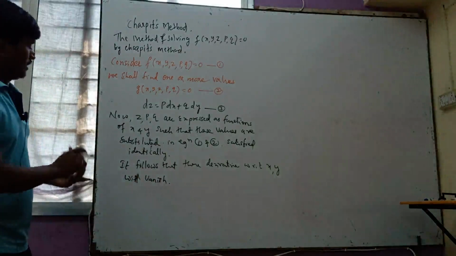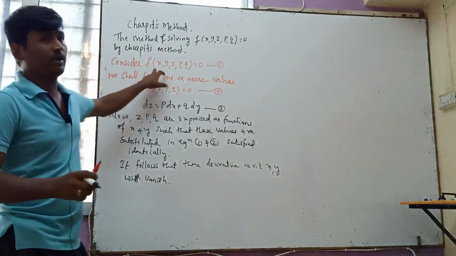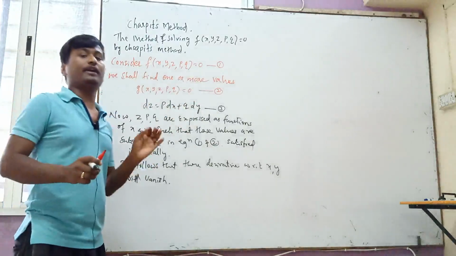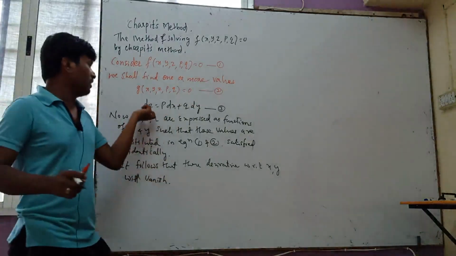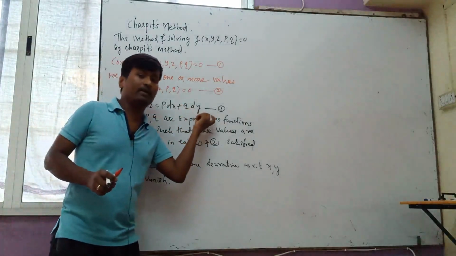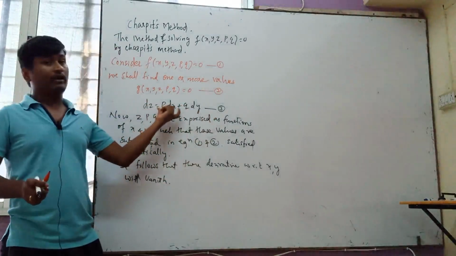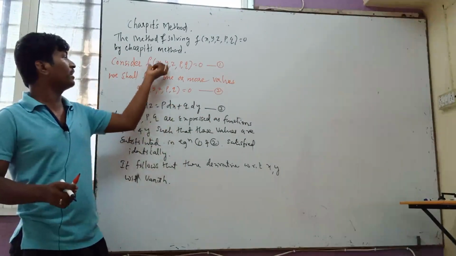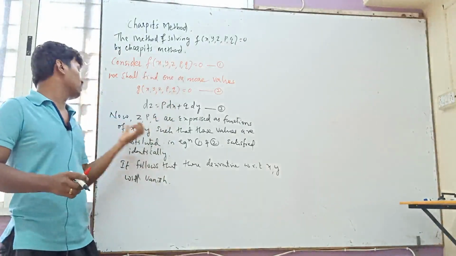Just observe here the given equation f of x, y, z, p, q. Here x and y are the independent variables and z is a dependent variable. Here the given dz is equal to p dx plus q dy. When this equation is integrable, it satisfies the relation in equation number 1 for the values of p and q.